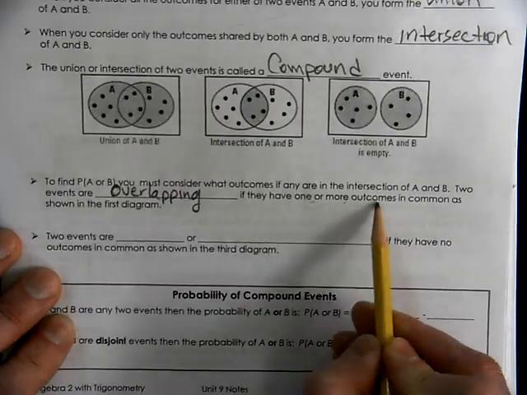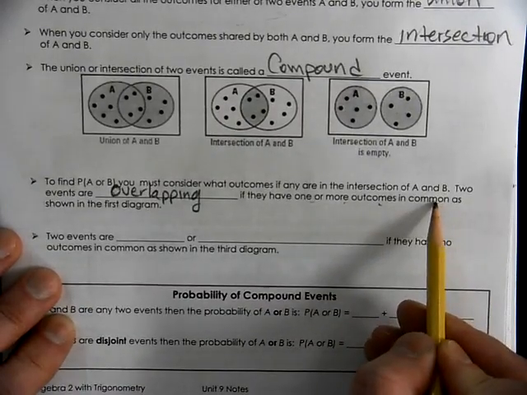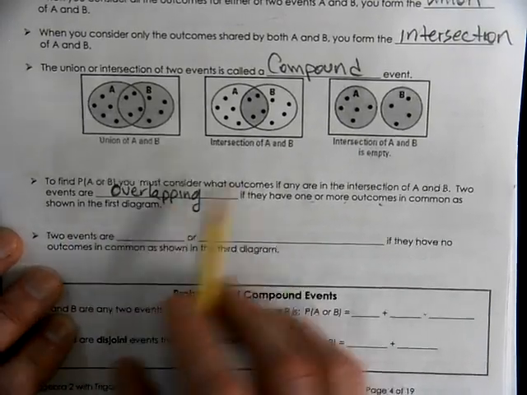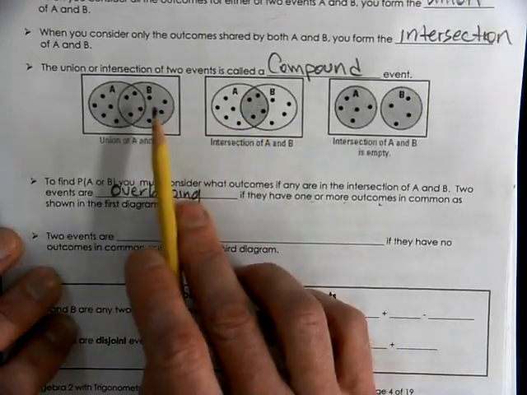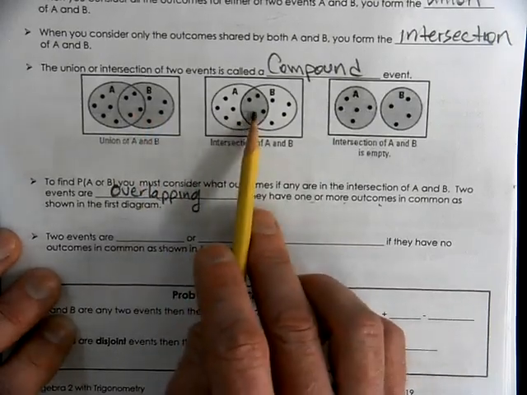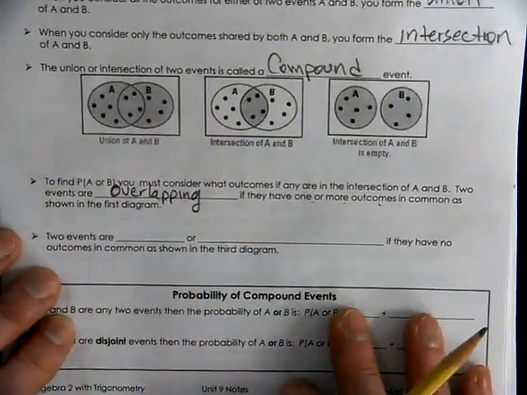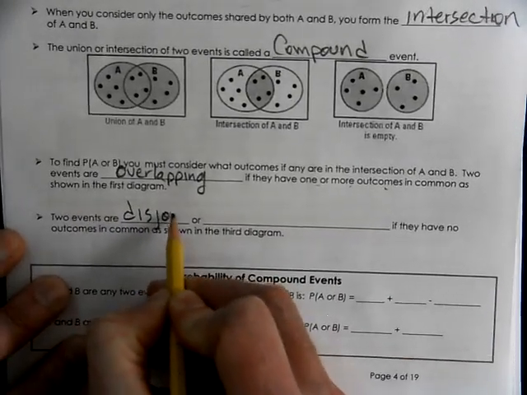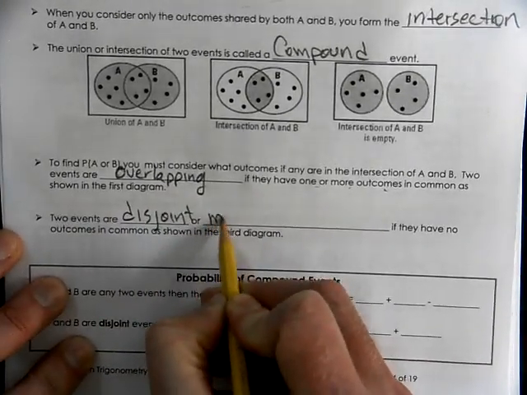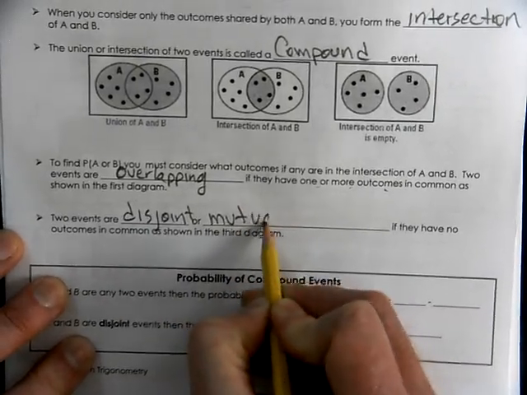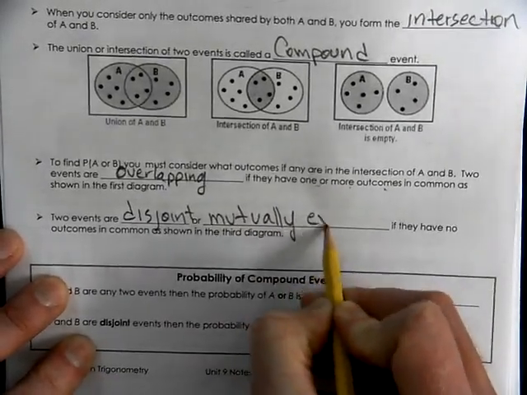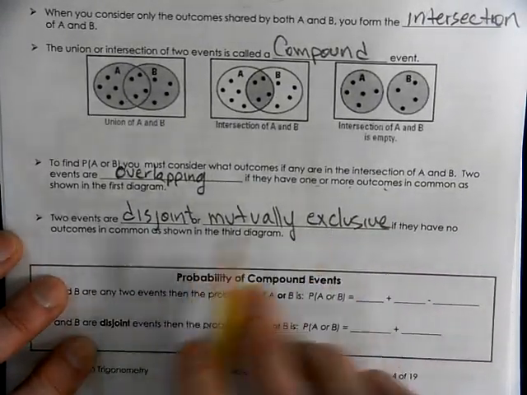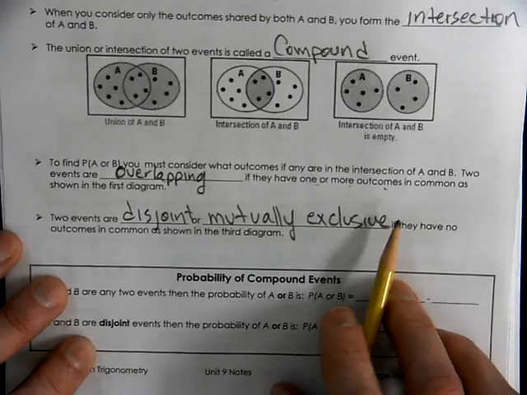If they have one or more outcomes in common, then they're going to be represented here. That has overlapping. Two events that are disjoint or mutually exclusive, they mean the same thing, mutually exclusive or the word disjoint.